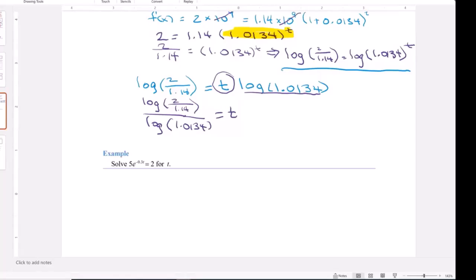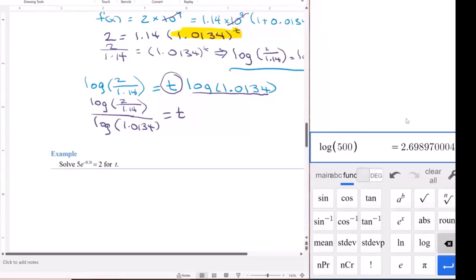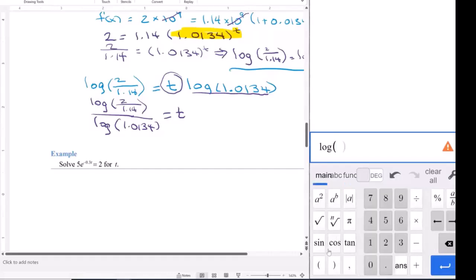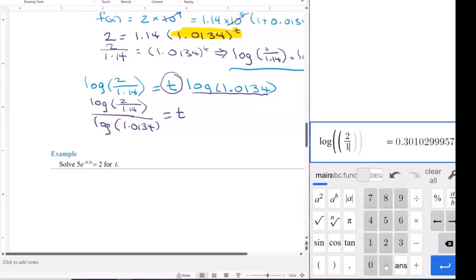Now I can just put this into my calculator. So let's do it. We get the log of, so let me go back to main, 2 divided by 1.14 and parentheses. Why did it give me the extra parentheses? I don't know, but I don't need it.